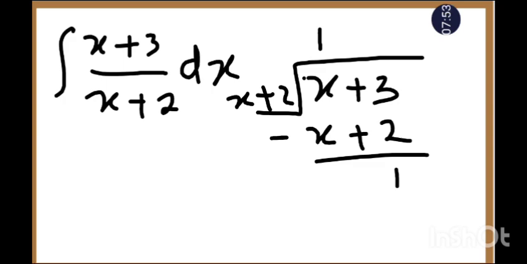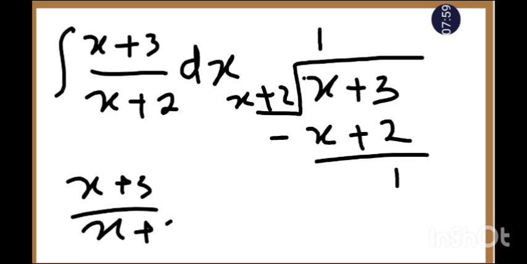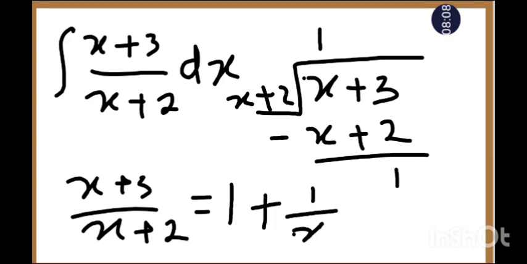Which means this fraction can be written now as the answer 1, and our remainder 1 over x plus 2. With that, I can be able to integrate this function.